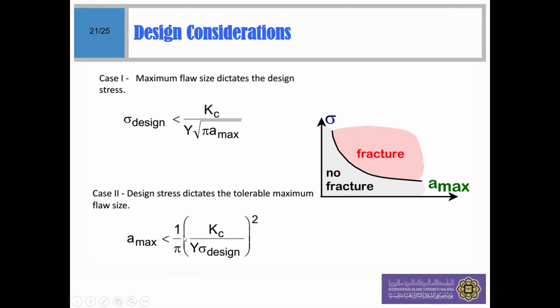Otherwise, you will have fracture. If a max is more than this, it means that the location of your design will be in this region. The same as this one. If you get sigma design higher than this, it means that you are already in the fracture region.